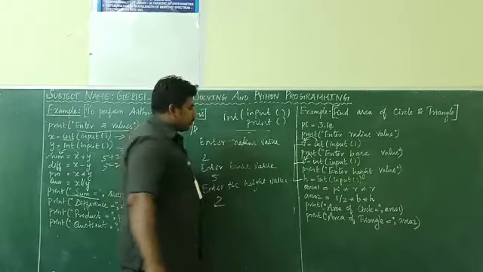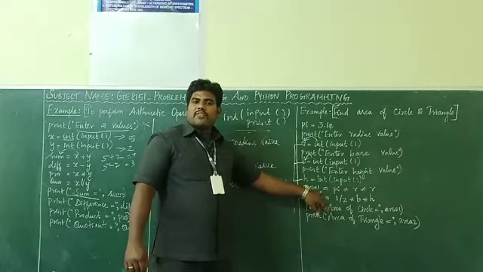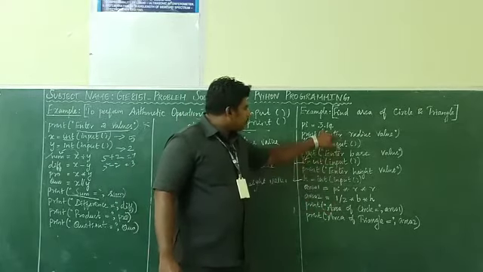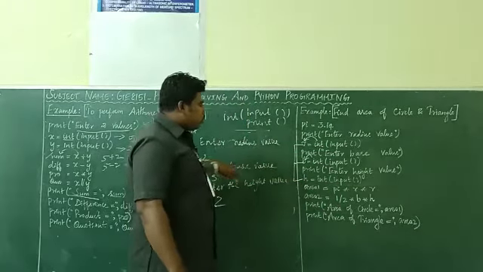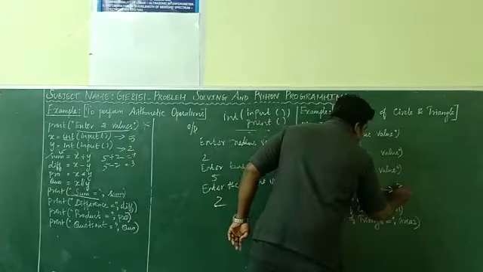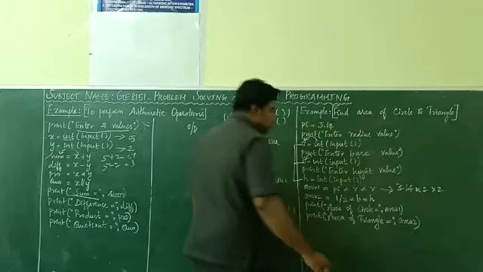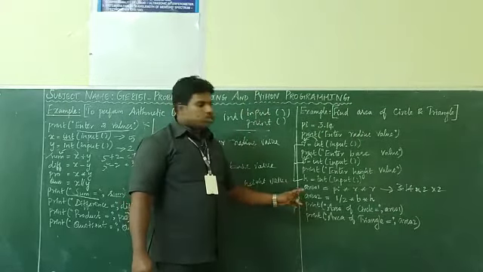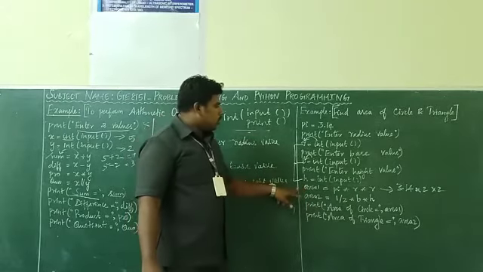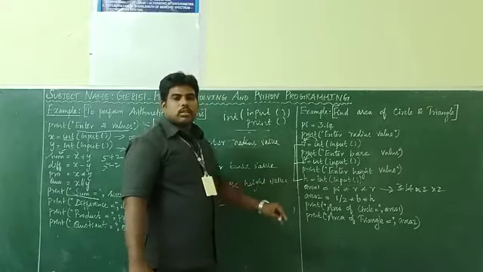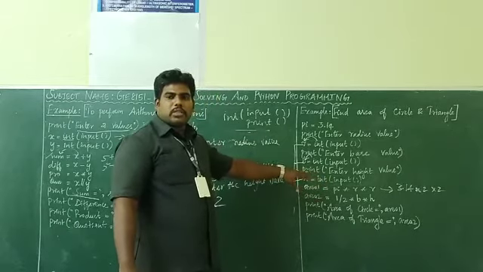For example 2. Now I am calculating the area of the circle. So pi, what is pi? 3.14 into 2 square. What's the radius value? 2. So here 3.14 into 2 into 2. You calculate the answer; you will get around 12.56.